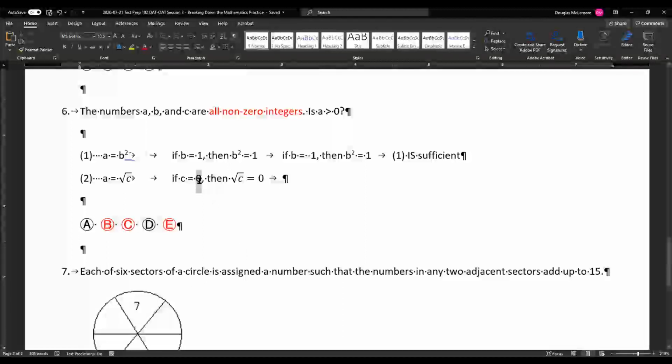Then I come over here and I say, okay, if C is equal to 1, then the square root of C is going to equal what? What's the square root of 1? 1. So that looks like it works. Let's do due diligence here. If C is -1, then the square root of C is what?